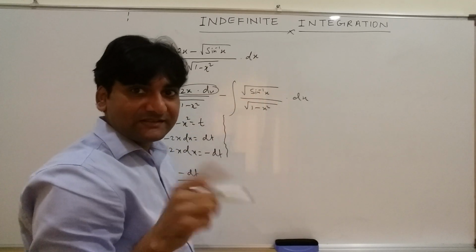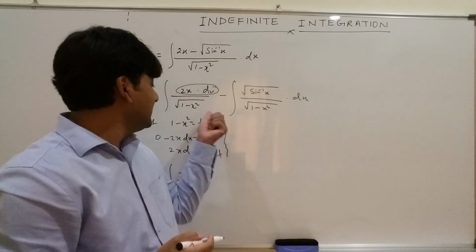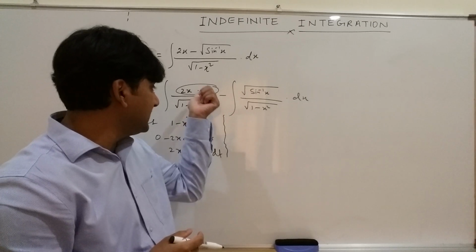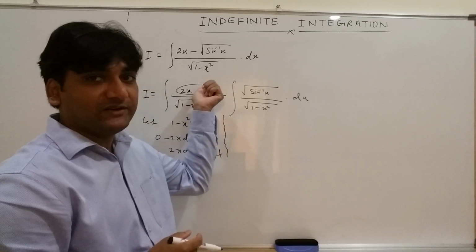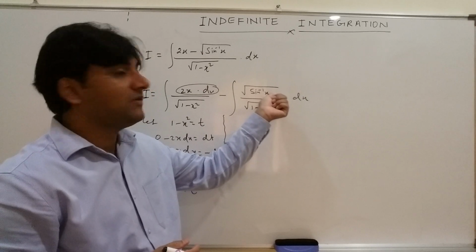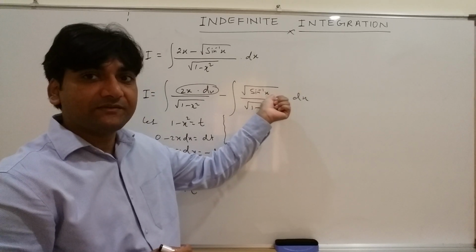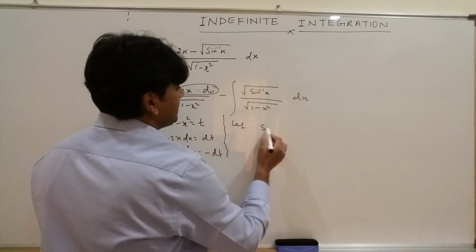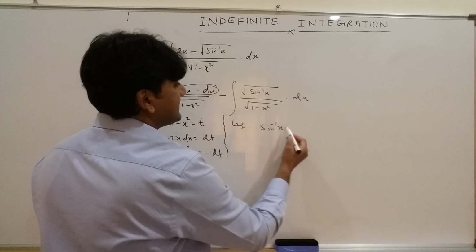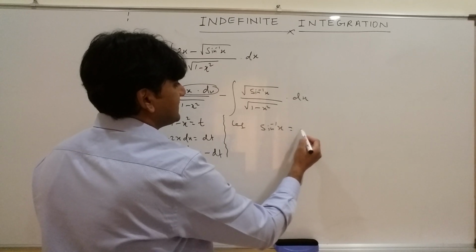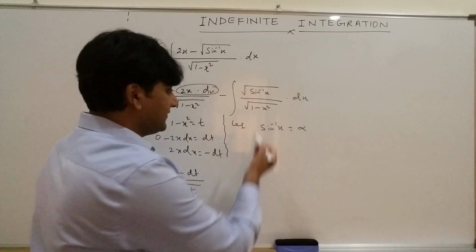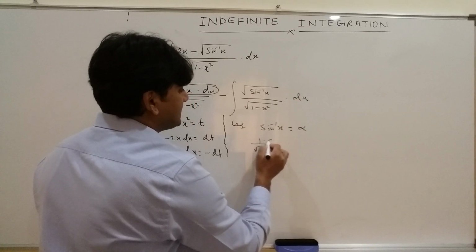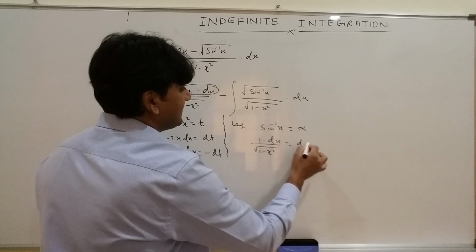Okay. Now this side, sin inverse x, this time we have to think. Earlier we thought from the denominator, because if we were differentiating the denominator, then we got the numerator. This time you have to think about the numerator, because sin inverse x derivative you will have 1 over root 1 minus x square. So let sin inverse x equal alpha, for example, then take derivative 1 over root 1 minus x square, and x derivative is dx, and this is d alpha.